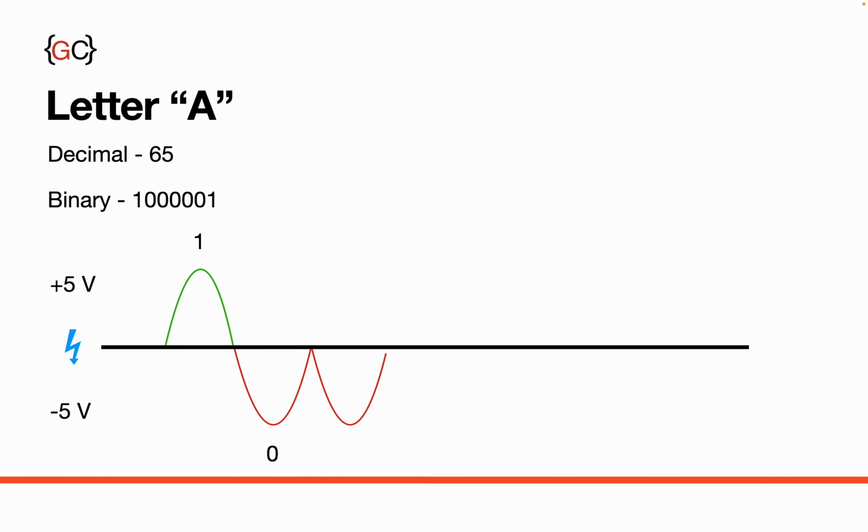It goes down again, 0. It goes down again, 0. It goes down again, this becomes 0. It goes down again and this becomes 0. And if it goes up, then this becomes 1. And this is how we can type letter A, and this is how computer actually understands letter A.